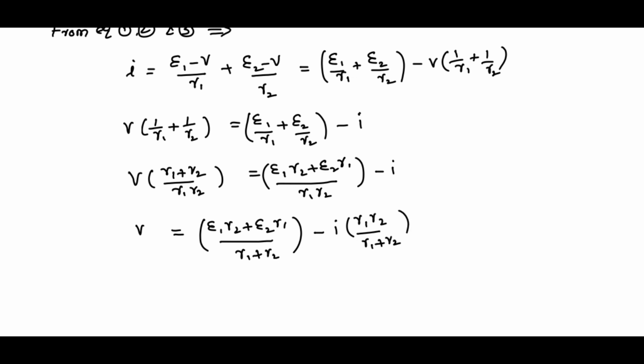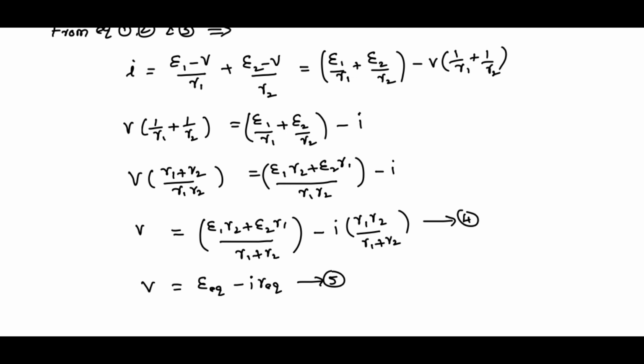It is in the form of V is equal to E equivalent minus I into R equivalent. I am naming these equation number 4 and 5.